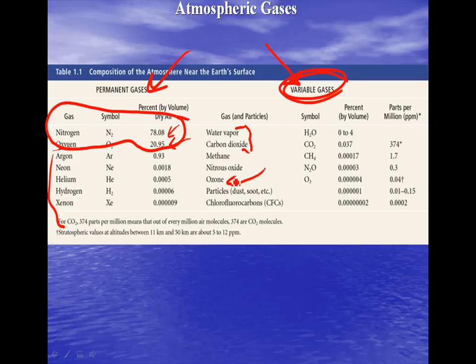Ozone occurs up in the upper areas of our atmosphere, specifically the stratosphere, and we'll talk about that. But because of ozone, we are protected from some of the sun's ultraviolet radiation. You know, UV rays can damage our skin, cause sunburns, skin cancer, things like this. Ozone plays a critical role.